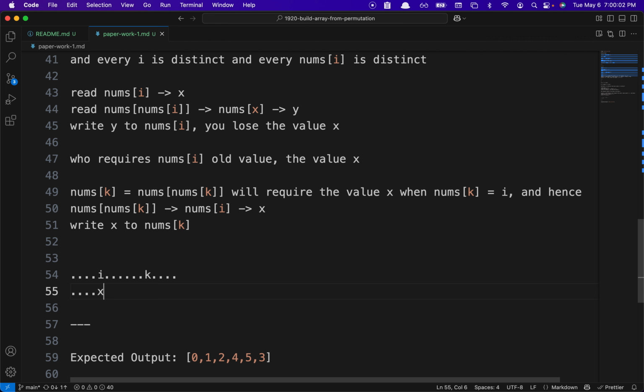So you need this x here, right? And if nums of k is I, then nums of I is x. You can't have x here also. This is not possible, right? Because once you have an x, we actually write y. So we write y to this. We need x only here.